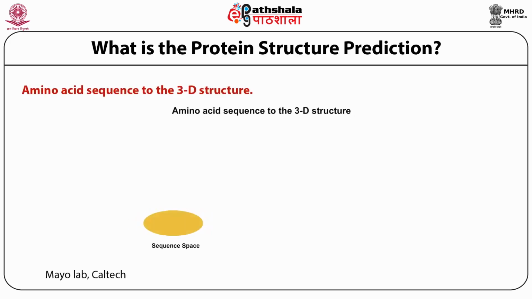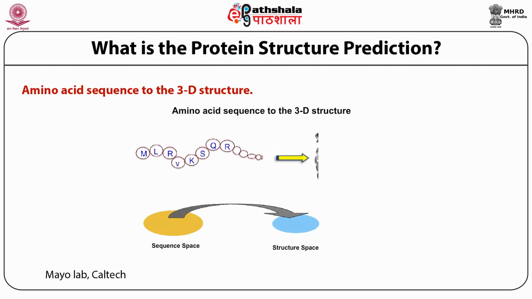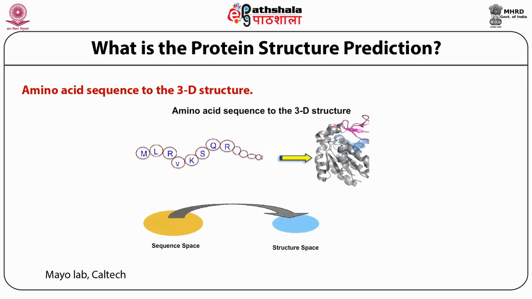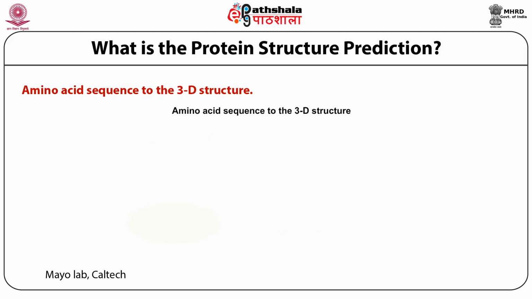What is protein structure prediction? You might know that a protein has a particular sequence. So far, all the protein structures are deposited in the Protein Data Bank, where you can see all the protein 3D structures. What about unsolved crystal structures?